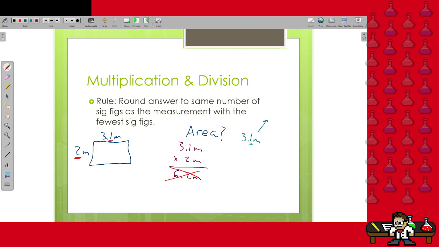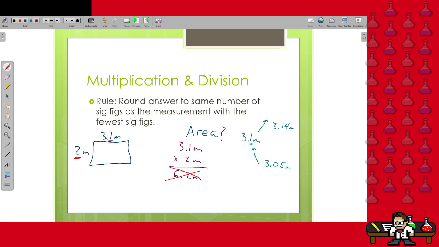And so anything greater than 3.1 up to about 3.14 meters would round down to 3.1. And anything below 3.1, cutting off at 3.05 meters, would round up to 3.1.